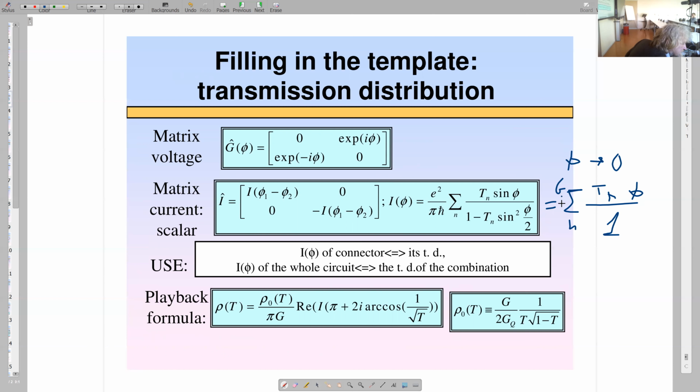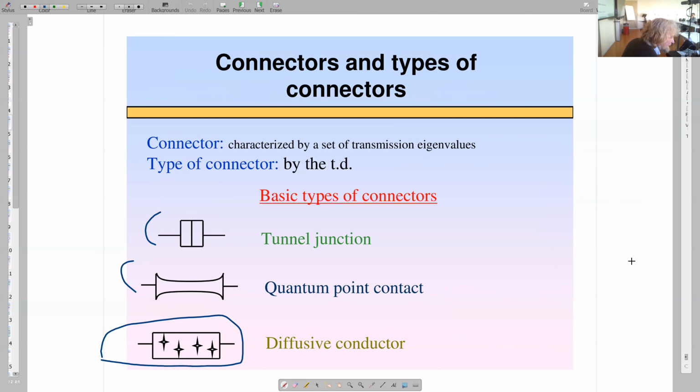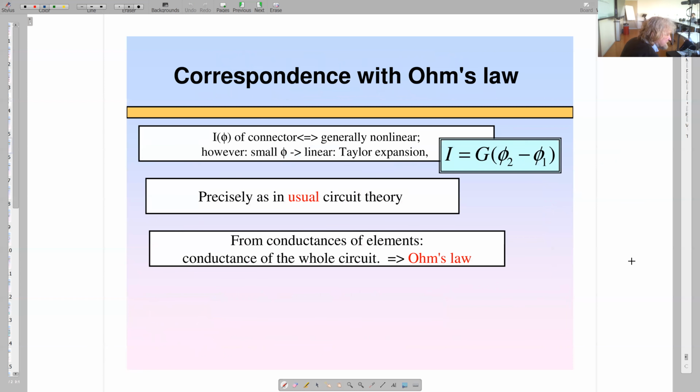Conductance quantum. So the coefficient just becomes the conductance of the corresponding connector. So that's why if you just take the limit of small phi's, it will correspond to usual circuit theory, to Ohm's law.